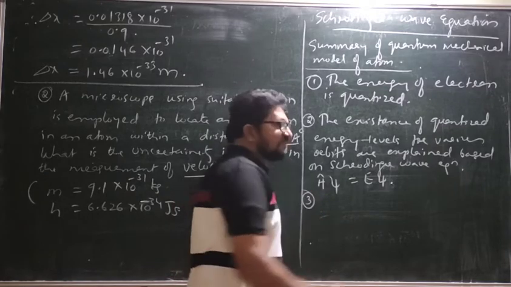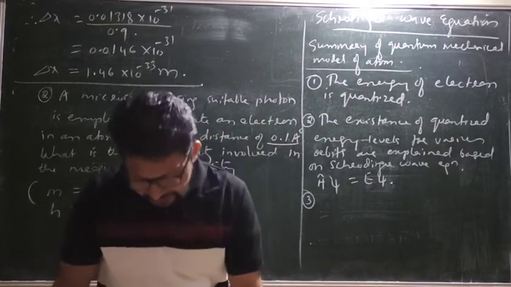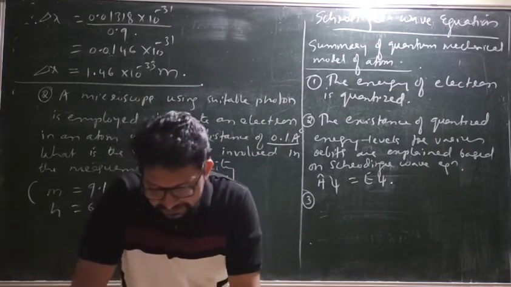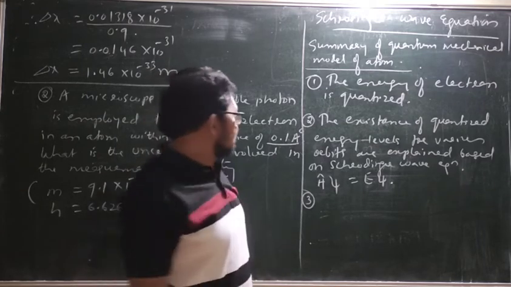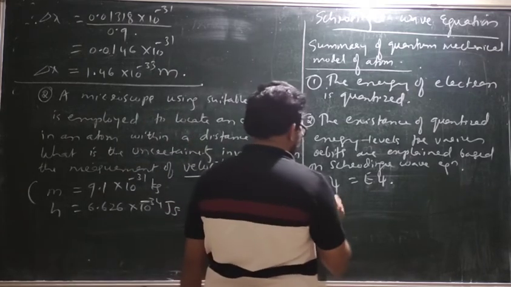Point number 3. So what is point number 3? That is Heisenberg's uncertainty principle, isn't it?